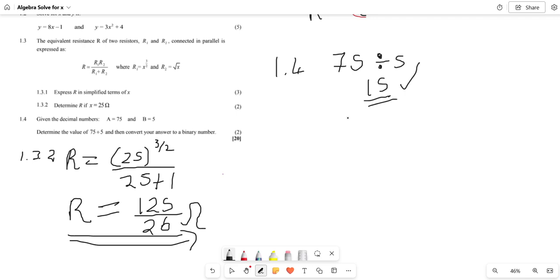Mode is on the top right of your calculator. Don't press shift, only access the mode setup.